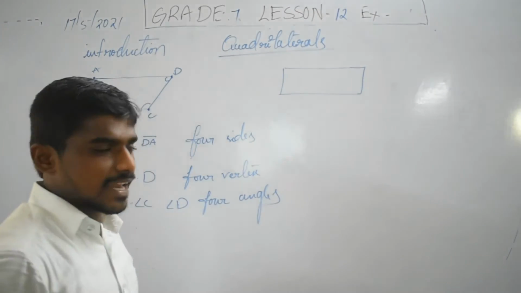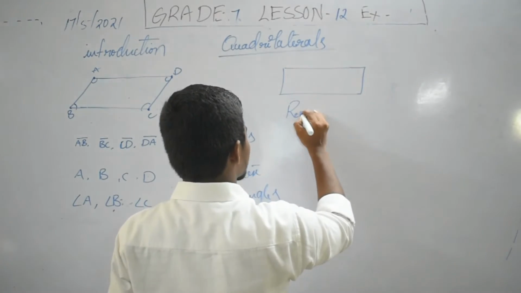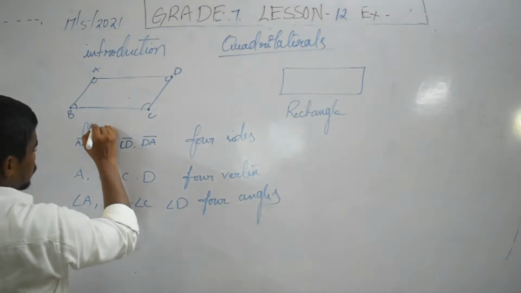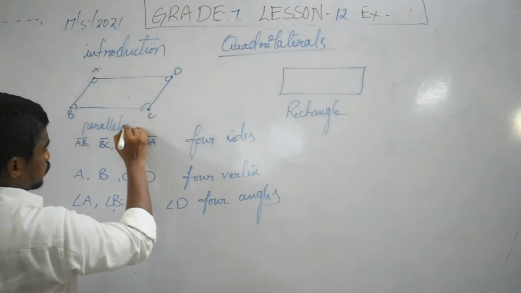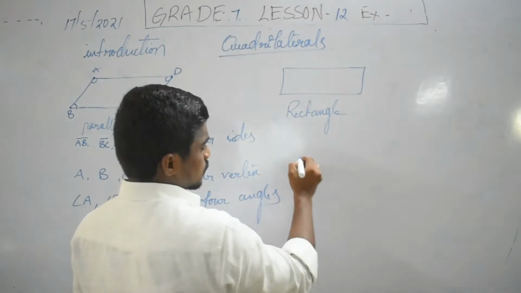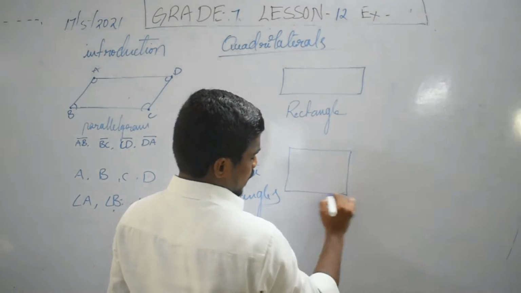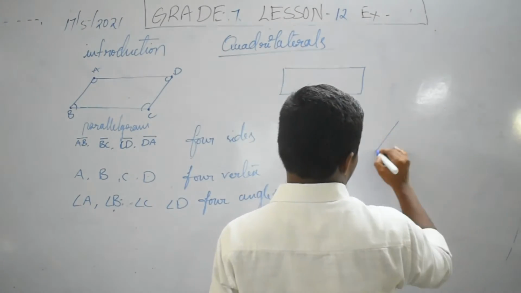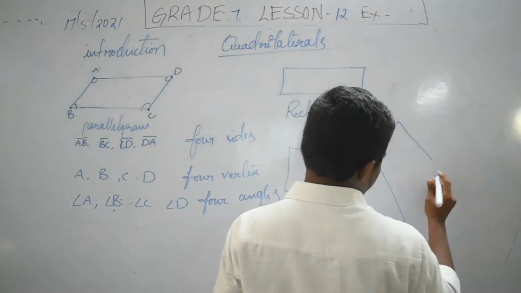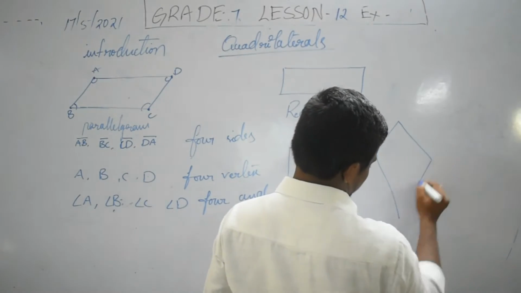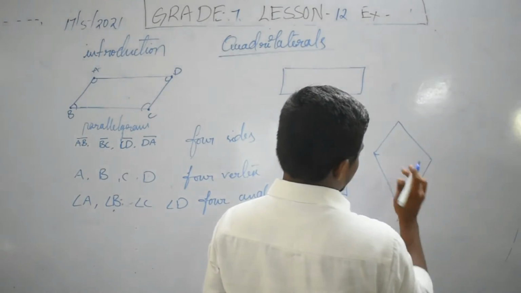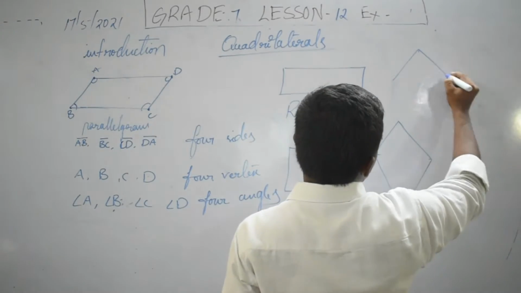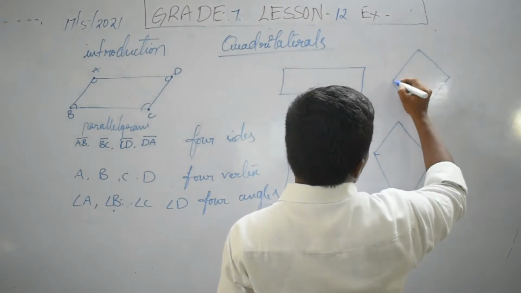This one is a rectangle. Parallelogram. Next, this one square. Next, this one kite. Rhombus.